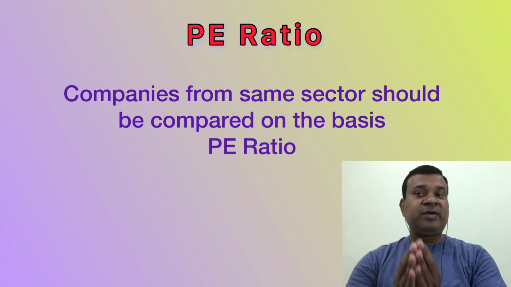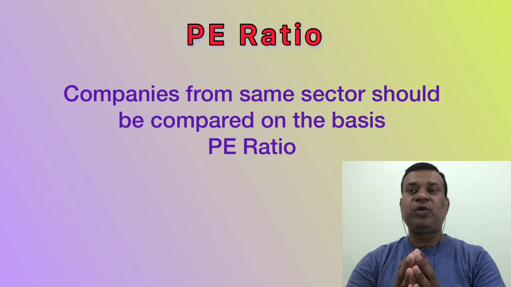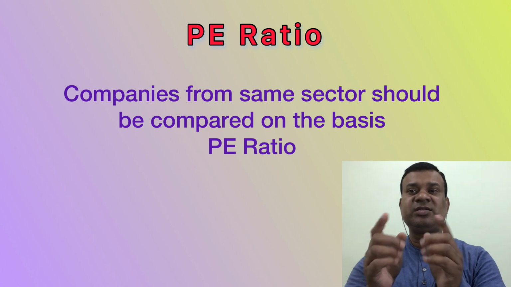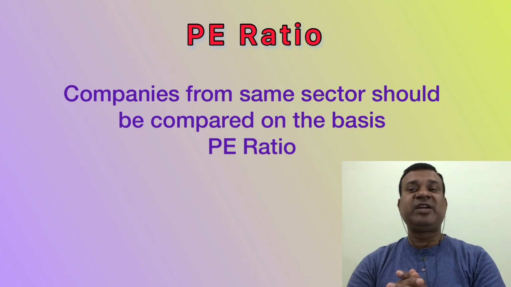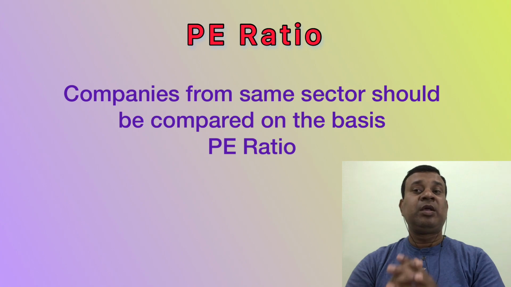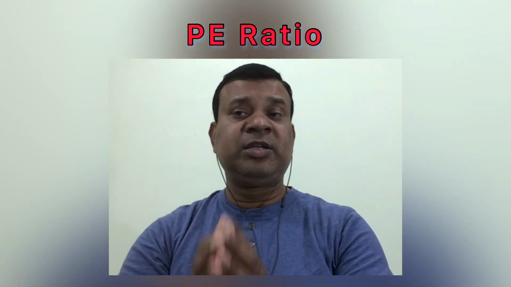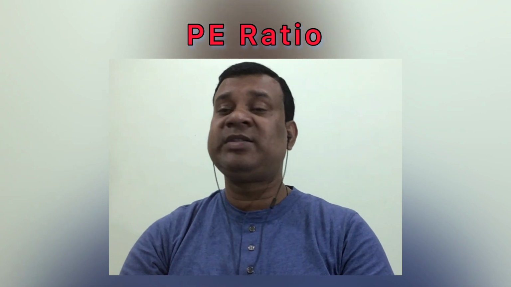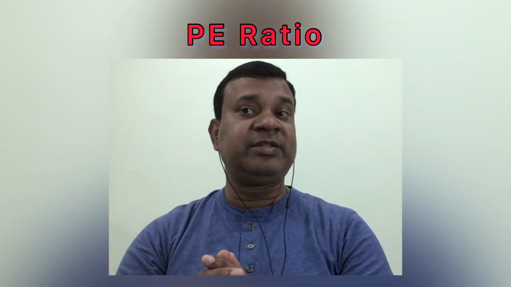The growth and future earnings of different sectors depend upon different macroeconomic factors. This is the reason why we cannot compare the performance of two different companies from two different sectors on the basis of their PE ratio. Let's try to understand it with an example. During COVID period, the PE ratio of pharma companies as well as companies related to medical sciences increased.